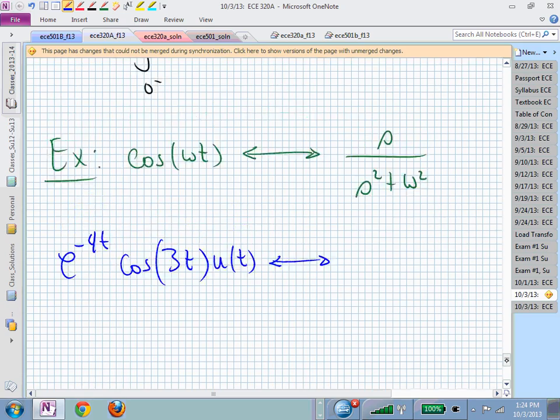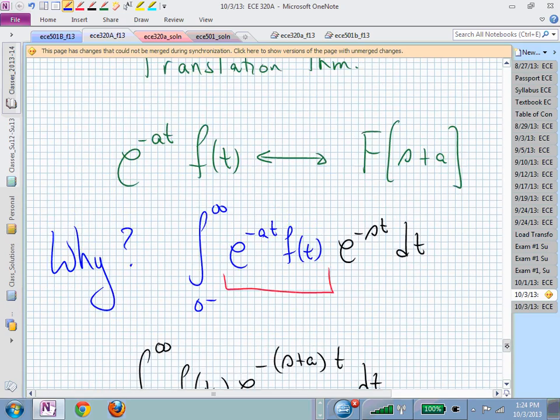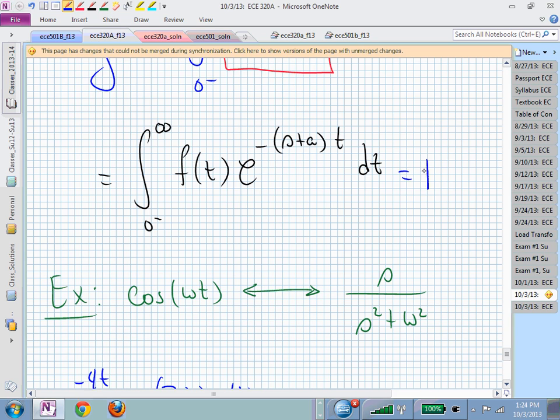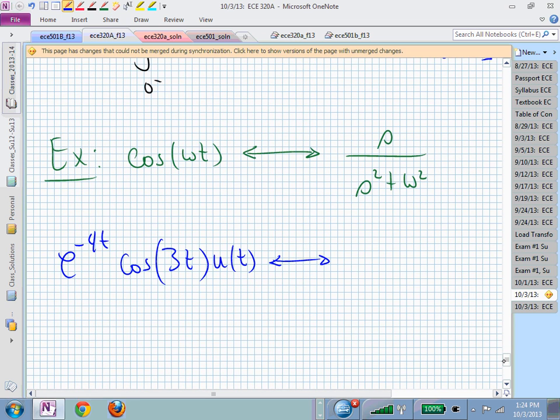With our frequency translation theorem, wow. We now simply replace s everywhere with what? Is that clear?